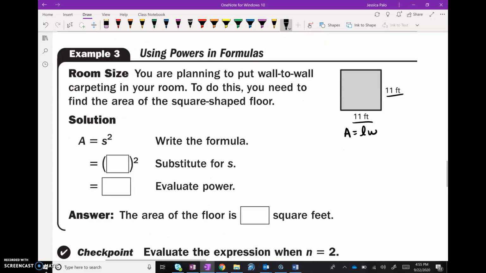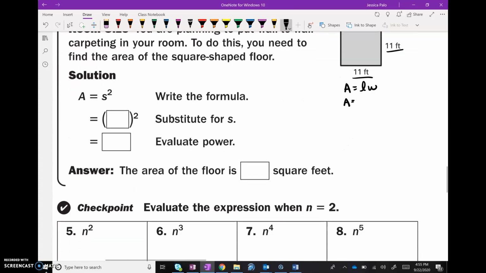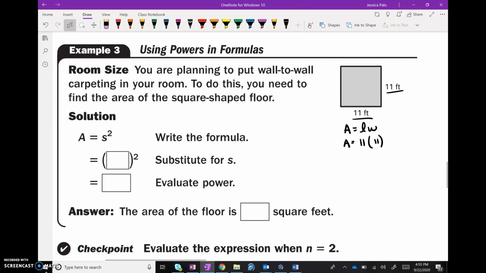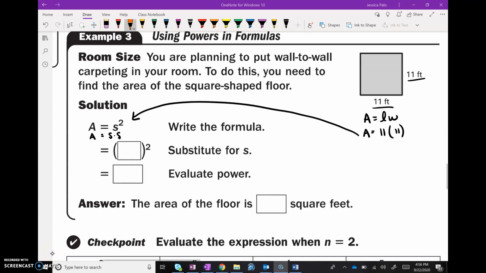Because if we were to plug in 11 for the length and 11 for the width, that just gives us our formula area equals side squared, or area equals side times side. Because it's just too much work to write 11 times 11, we're just going to write 11 to the second power. And then we can evaluate.